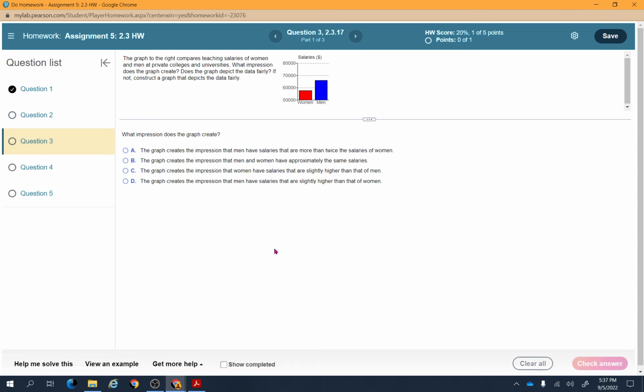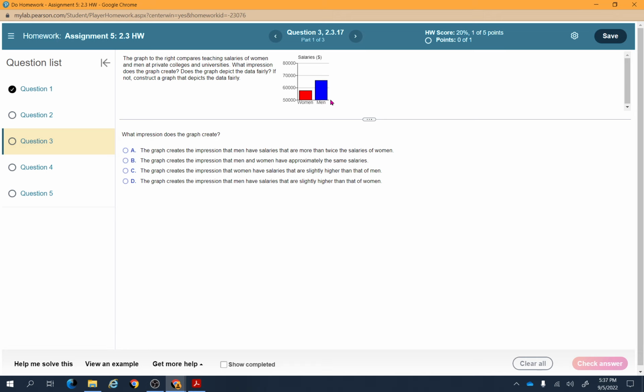Let's go to the next problem, problem number 3. The graph to the right compares teaching salaries of women and men at private colleges and universities. What impression does the graph create? Does the graph depict the data fairly? If not, construct a graph that depicts the data fairly.